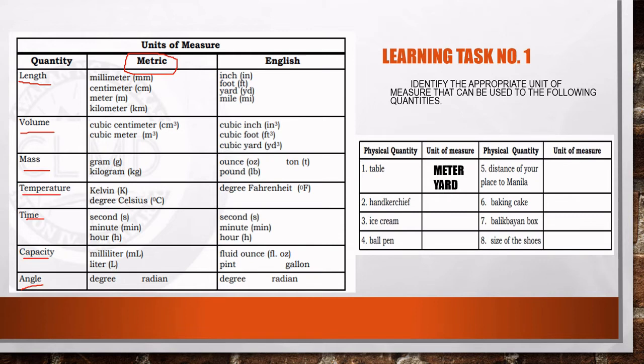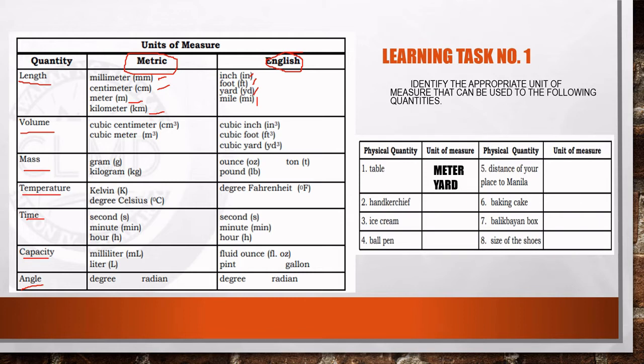For example, in length, we have millimeter, yung pinakamaliit na unit of measure. Centimeter, meter, and kilometer. Kilometer is used for distance. Now, in the third column are the unit used in English system. So that is inch, foot, yard, and mile.